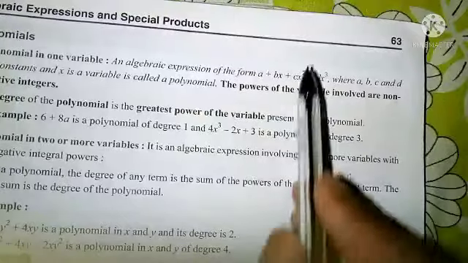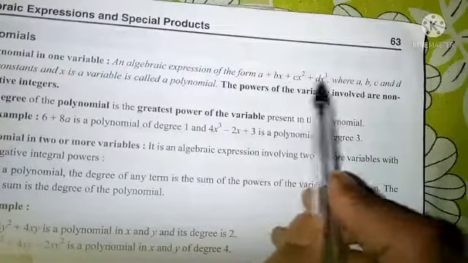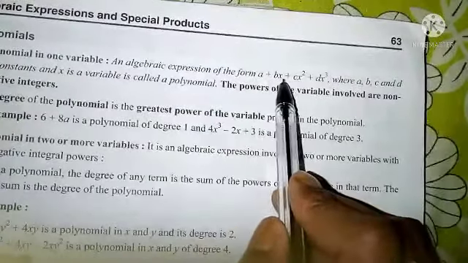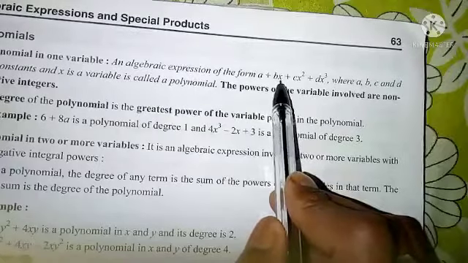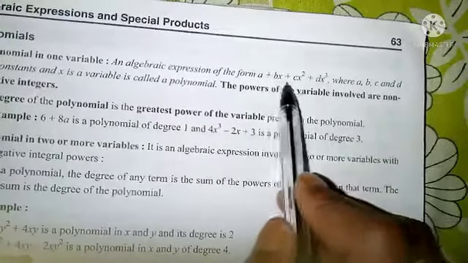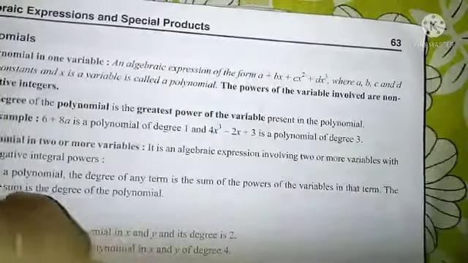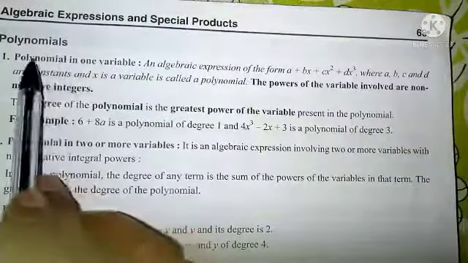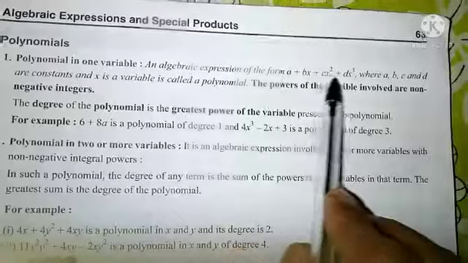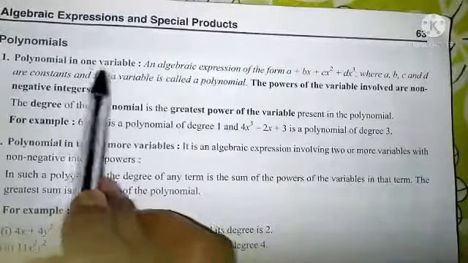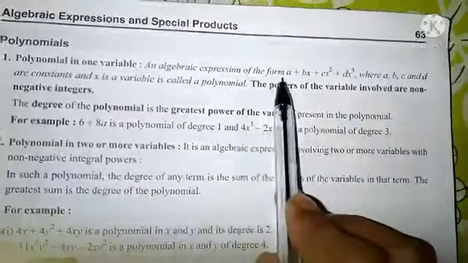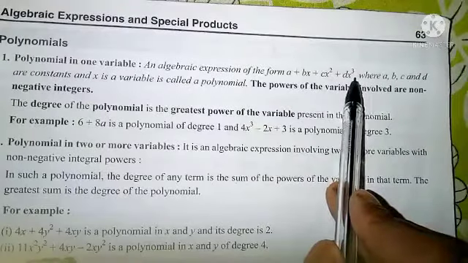In all these 4 terms our variable is x: x square, x cube. There is no y or yz or any other variable, so this is a polynomial which contains one variable, a polynomial in one variable.